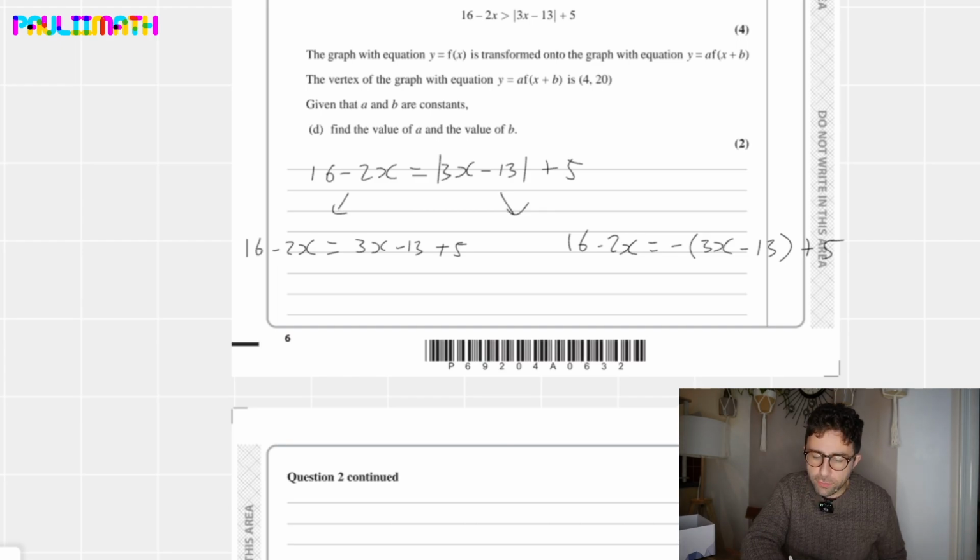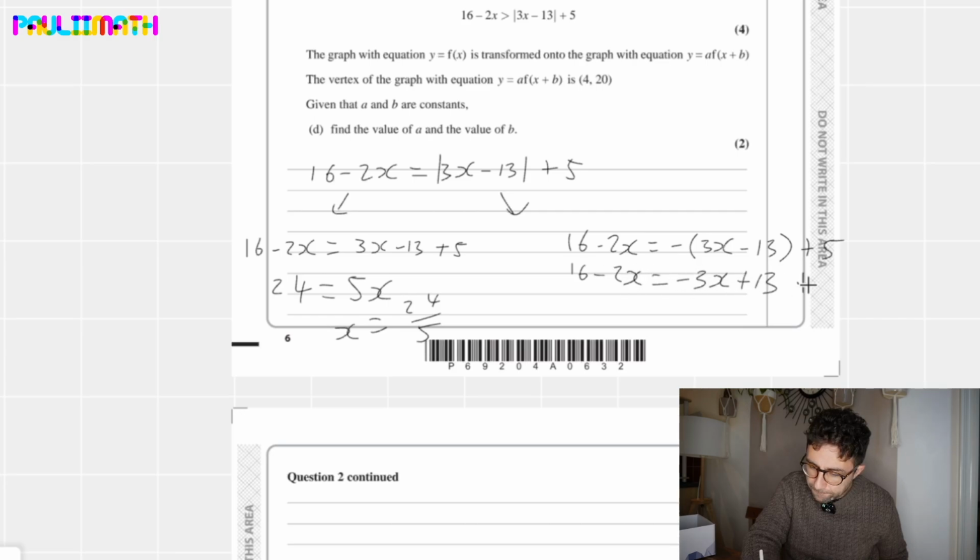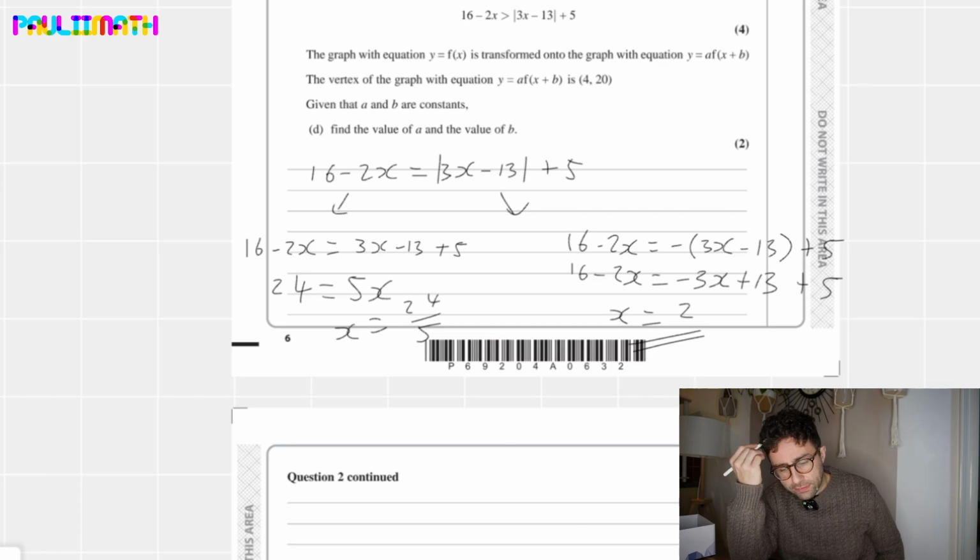But moving that across, 29 minus 5 is 24, is 5x. So that one gives x equals 24 over 5. This one, if you just multiply out the brackets, gives something a bit more crisp, isn't it? Because 18 minus 16 is 2. So that's your two answers.